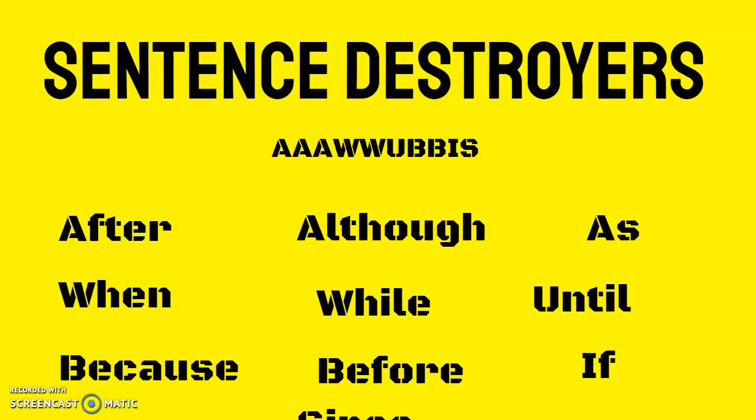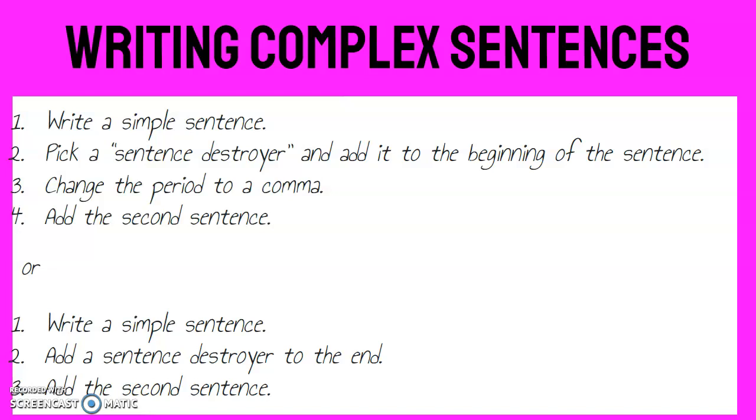When we get into writing complex sentences, we are going to use a formula like we have been. If you want to take a minute to write this down into your notebook so that you can refer back to it, I would also write those sentence destroyers in your notebook so that you can look back at those when making your own sentences. You're going to use one of two strategies. Our first strategy is to write a simple sentence for your first step.